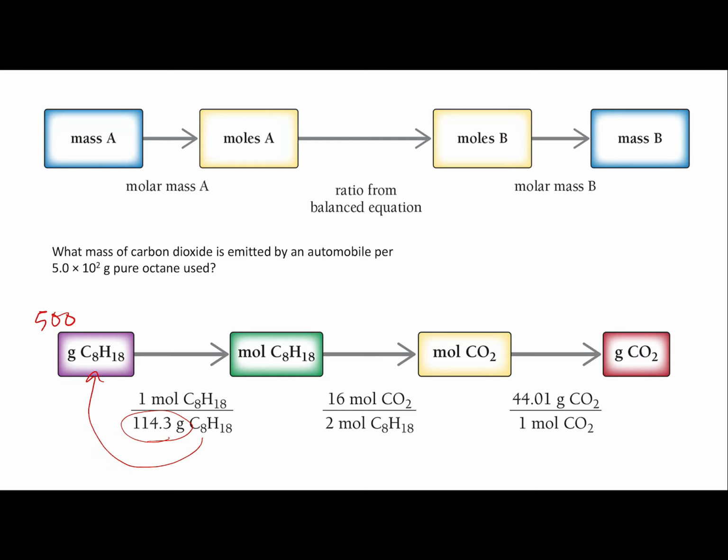This is how we'll convert, right? We'll go from mass of octane into moles of octane. And then our balanced chemical equation said that every 2 moles of octane produced 16 moles of CO2, and then again moles of CO2, 1 mole is 44 grams per mole. And this is 2 oxygens at 15.999 grams per mole, and a carbon at 12. So that's where 44 comes from.